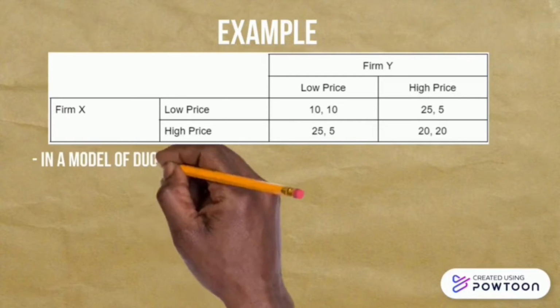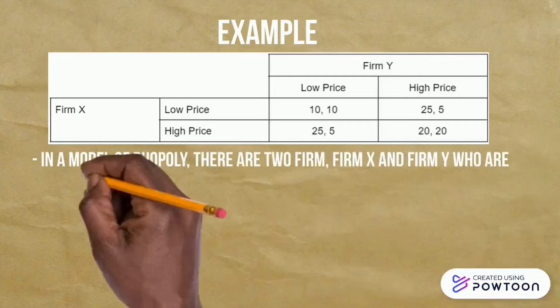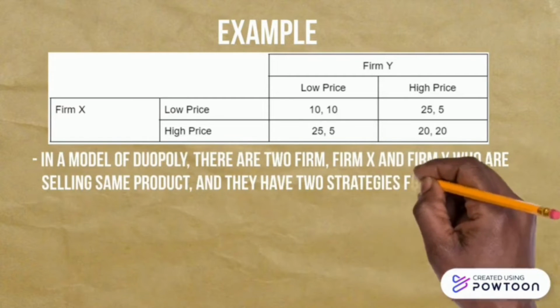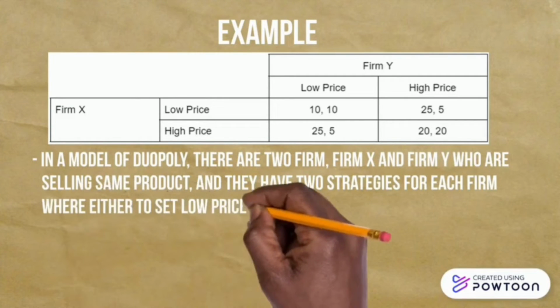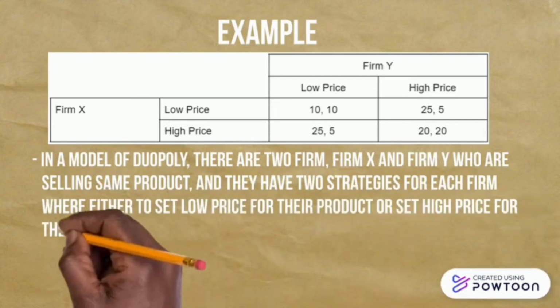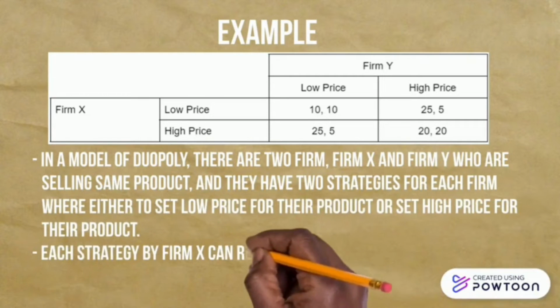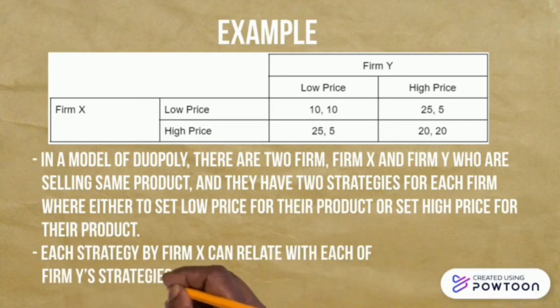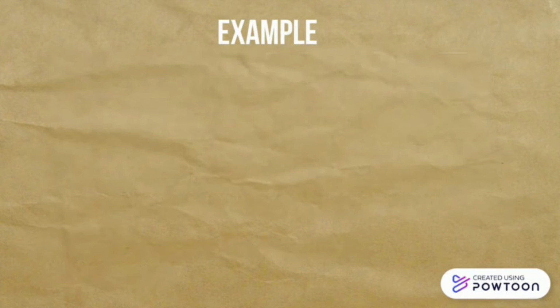In the model of duopoly, there are two firms, firm X and firm Y, who are selling the same product. They have two strategies for each firm, which is either to set a low price for their product or set a high price for their product. Each strategy by firm X can relate with each of firm Y's strategies.